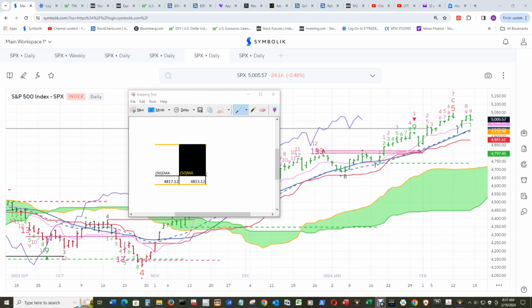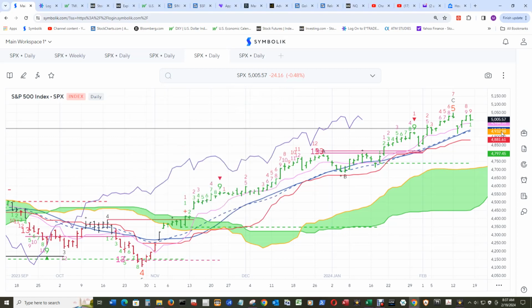So if that EMA 50 goes under the simple and the 21 is under the 20 simple, then I would say that's some trouble brewing, and caution flags will be flying all over the place.